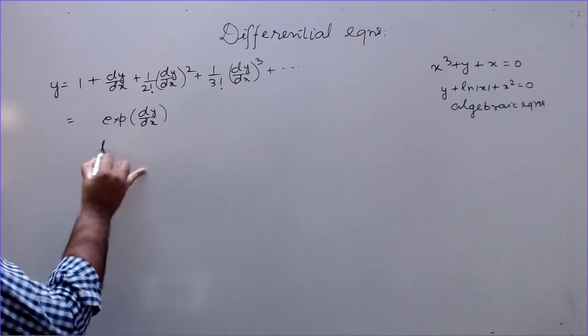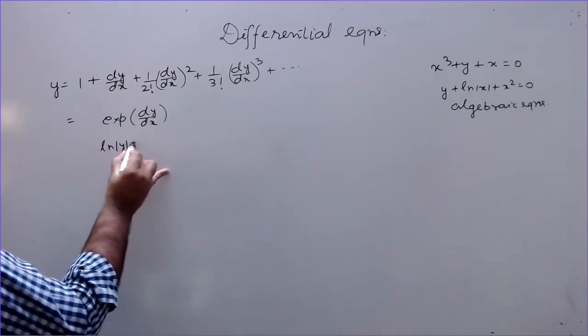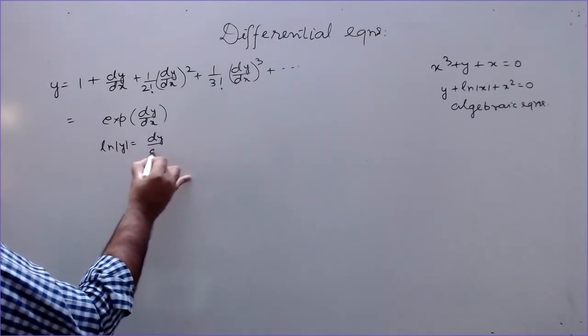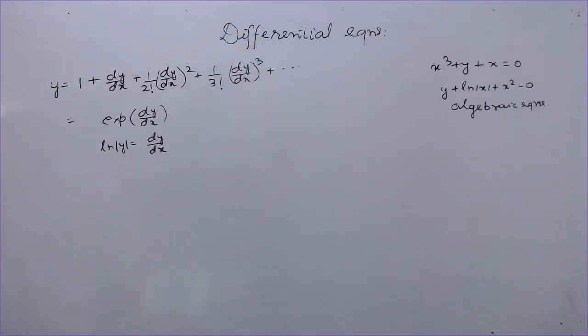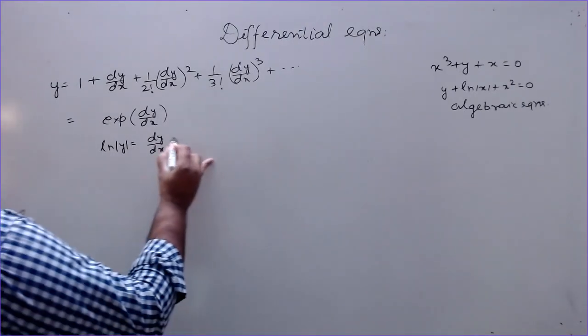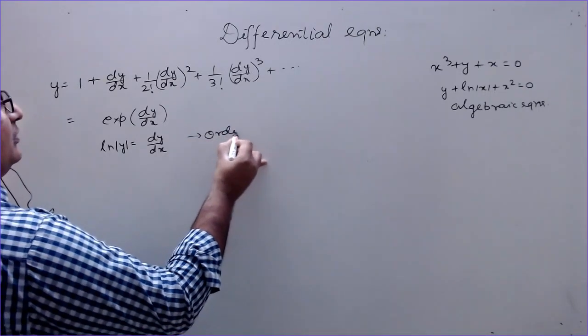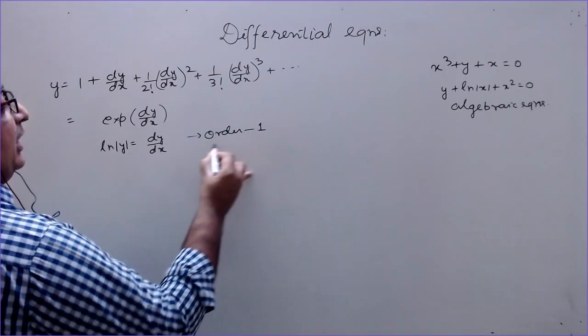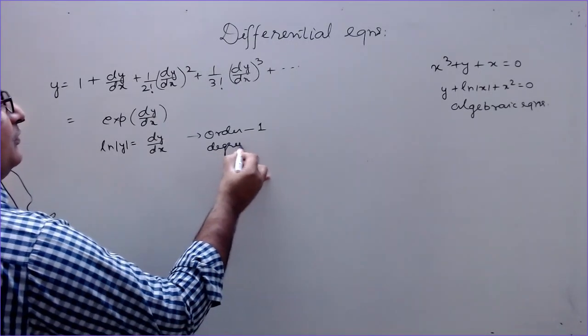So taking log of both sides, y is dy by dx. So this is a differential equation, and you can see that its order is 1 and its degree is also 1.